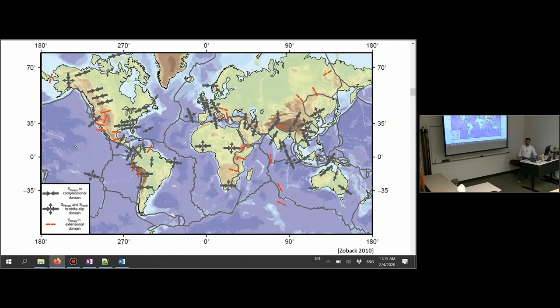The Pacific plate, right? What about this one over here? North American plate, right? Well, here in the San Andreas Fault, you have the Pacific plate, the North American plate, and this other small plate. I don't remember the name. Anyone remembers that?